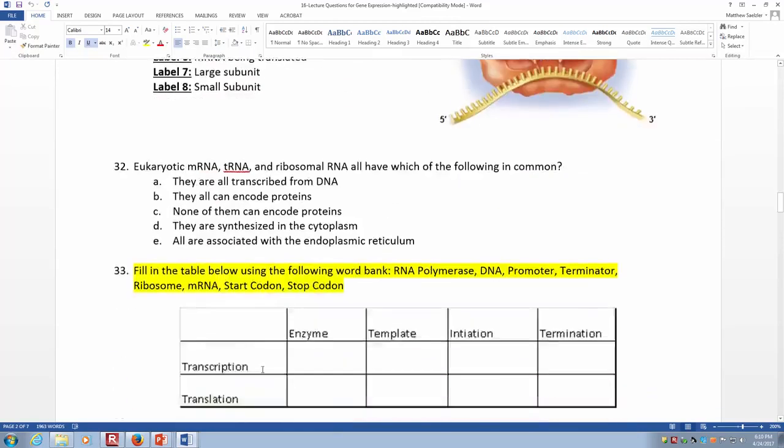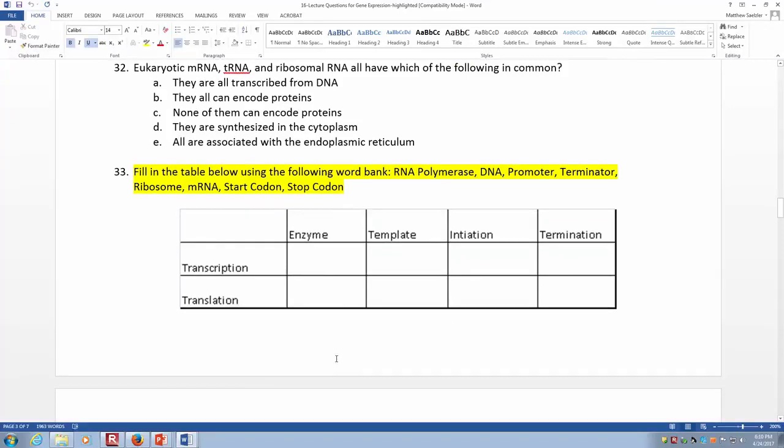Okay, moving on. So this is kind of a table comparing transcription to translation and looking at the enzyme, the template, what tells you where to start and what tells you where to finish. So what's the enzyme in transcription that builds the RNA molecule? Right.